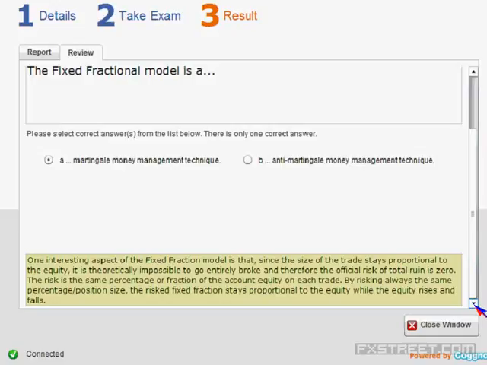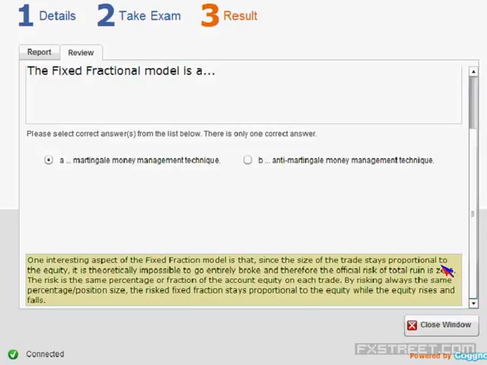One interesting aspect, says the explanation of the fixed fractional model, is that since the size of the trade stays proportional to the equity, it is theoretically impossible to go entirely broke, and therefore the official risk of total ruin is zero. The risk is the same percentage or fraction of the account equity on each trade. By always risking the same percentage, the risk fraction stays proportional to the equity while the equity rises and falls.